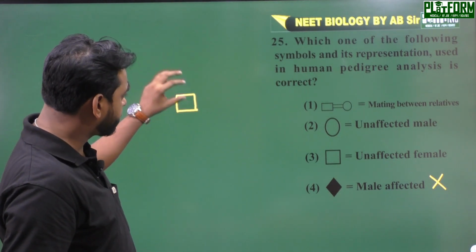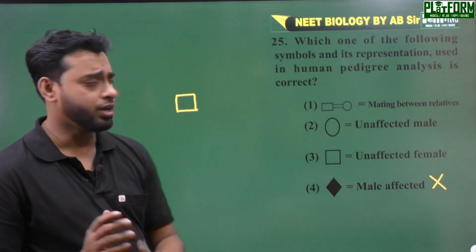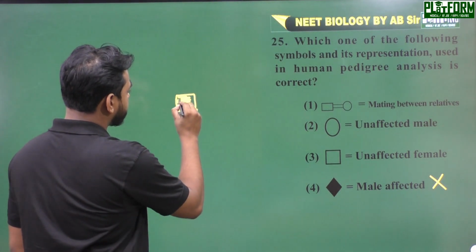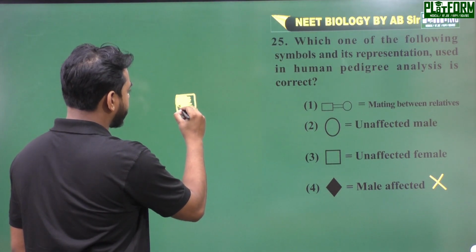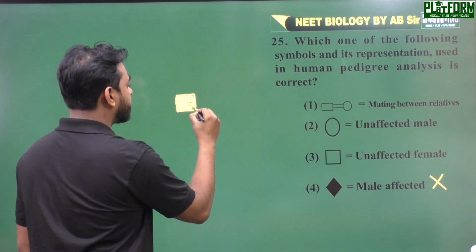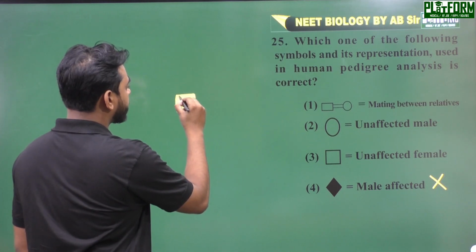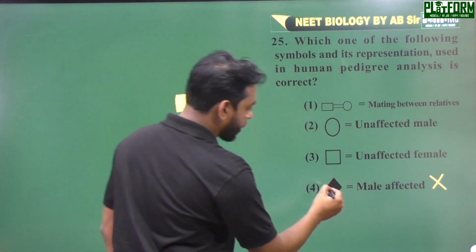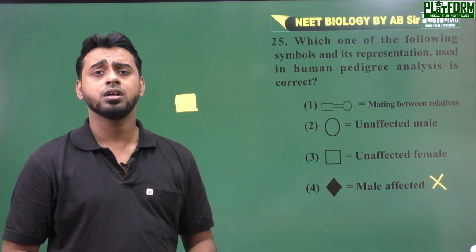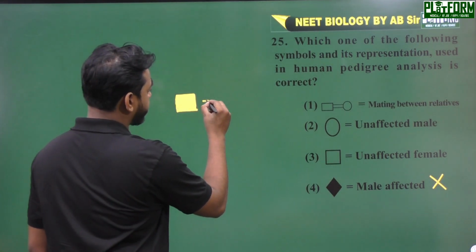And if it is without any shade, that means the unaffected male. And if this particular square is completely shaded, this signifies the affected male. Fine. So here this is not a square. So this particular sign is not at all the sign of an affected male. This one is a sign of an affected male.